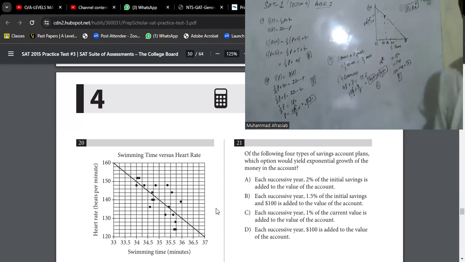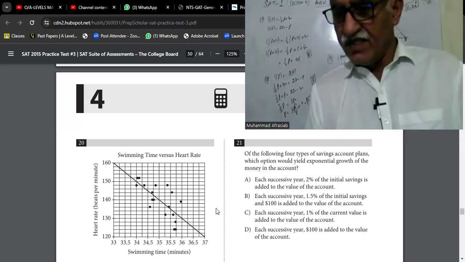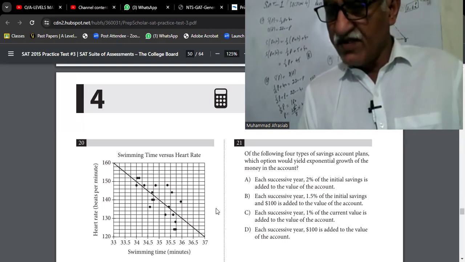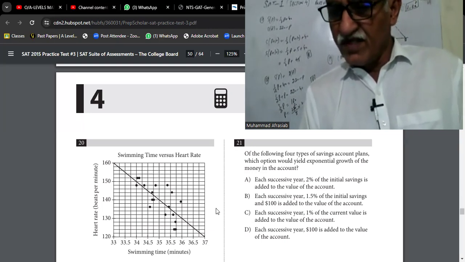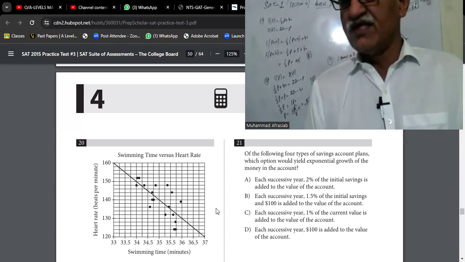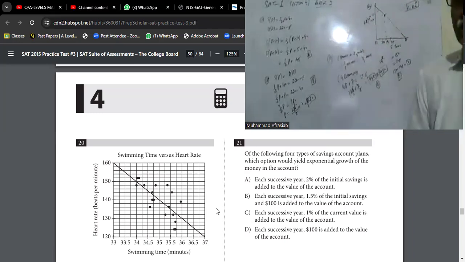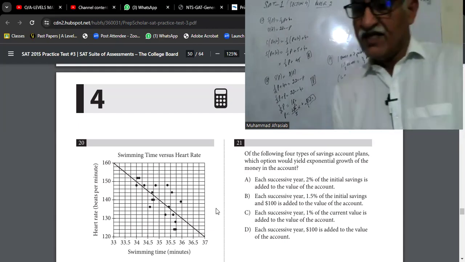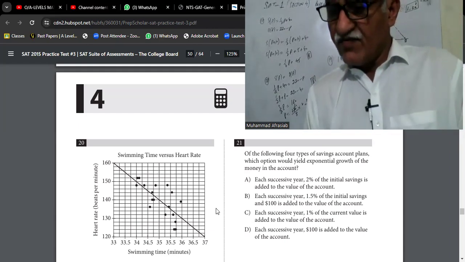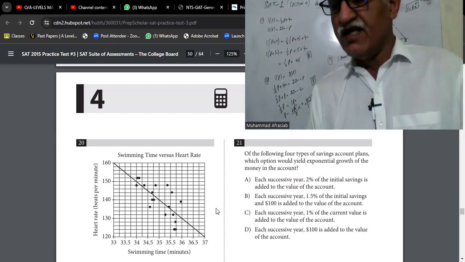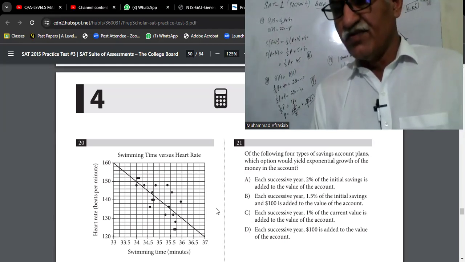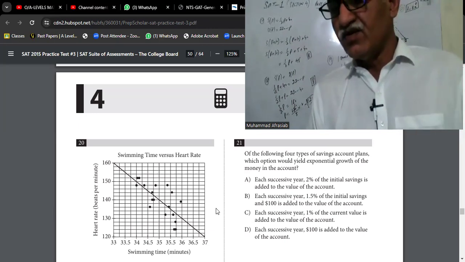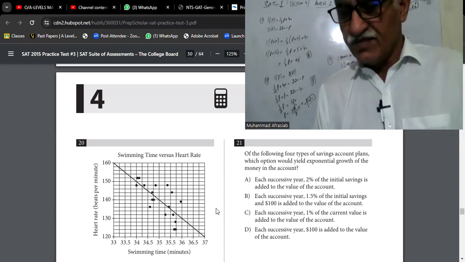Here, each successive year, 2% of the initial saving is added, because it is addition. So this is not true because the exponential form is not there. B, each of the following years, 1.5% of the initial saving and 100 is added to that account. So it means 100 is going to be added each time. So that is not true there.